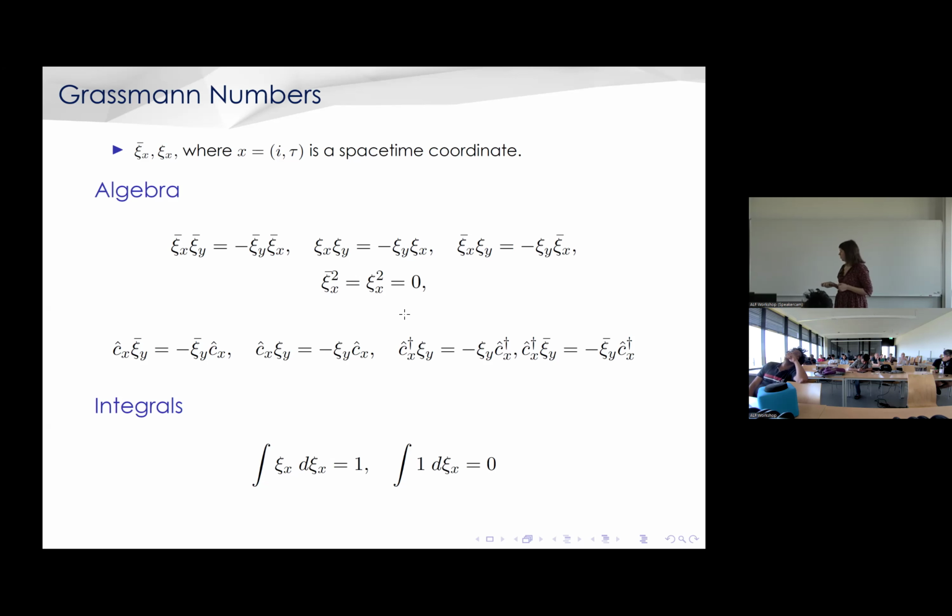The Grassmann integration is incredibly simple, which makes the derivation of these formulas easier too. If you integrate a Grassmann number with respect to its measure, you just get 1. On the other hand, if you have an integral d psi but don't have the corresponding psi there, you get 0. These are all the integrals one has for Grassmann numbers.